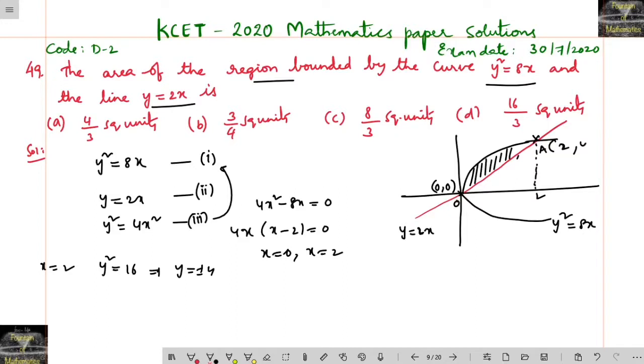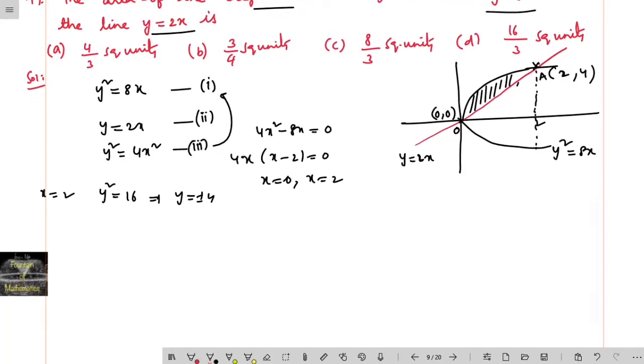So you got the point (2, 4), and another point also comes, but it depends on the line passing through. So we got the point (2, 4). Now anyhow we require only the area, which we can find with the help of the integral from 0 to 2.